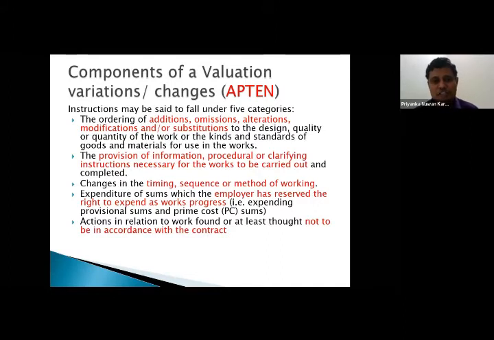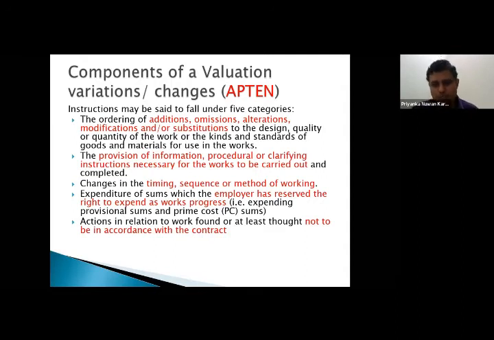That is why it says expenditure of items which the employer has reserved the right to expend as work progresses. But in the other elements of work, the employer has not reserved his right to do that. This is why this wording is very specific. That is why it says expending provisional sum items and prime cost sums items. Then actions in relation to work found or thought not to be in accordance with the contract, right?